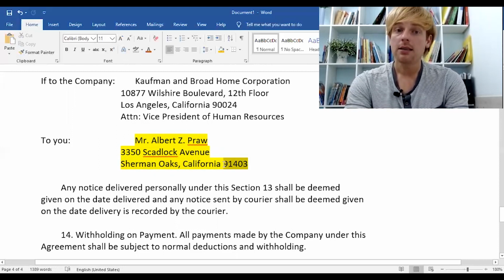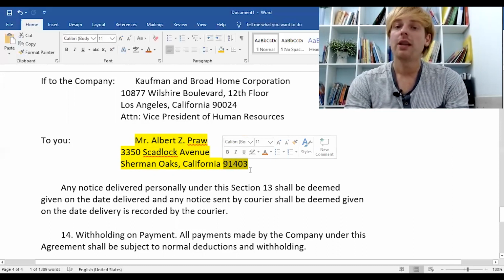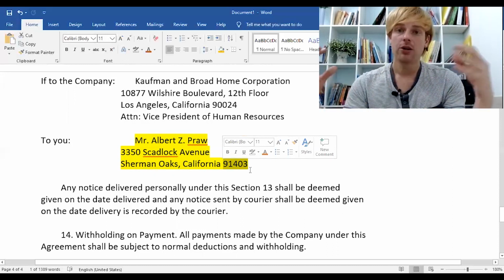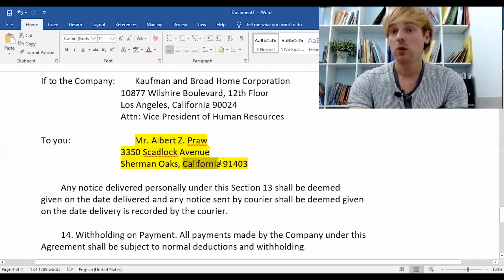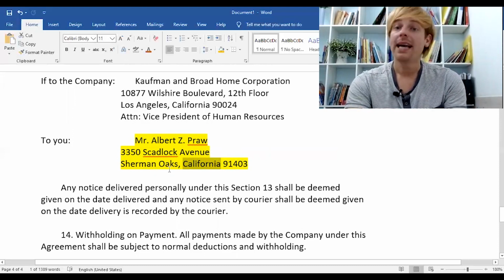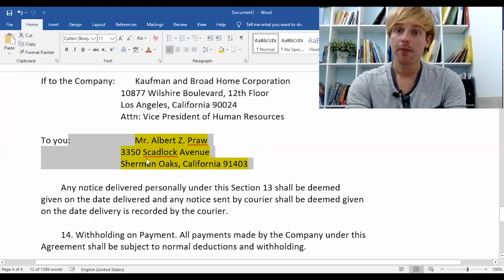In England, they don't have a zip code. Well, they do, but it's numbers and letters connected. And they won't have states, they will have counties. Or in Canada, they will have provinces. But Western addresses are always written in this format, in this order.